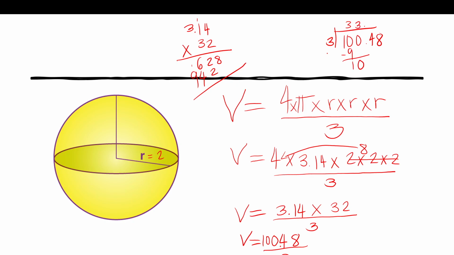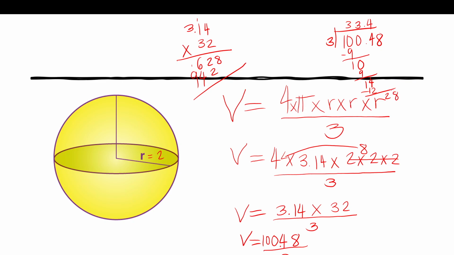So, tatlo ulit. 3 times 3 is 9. 10 minus 9 is 1. Bring down 4. So, ilang 3 meron sa 14? That is 4. And that is 12. 14 minus 12 is 2.